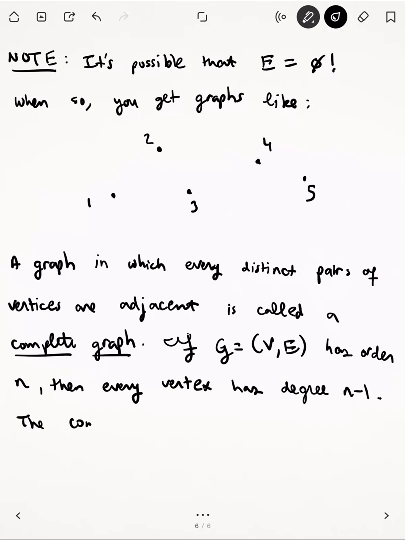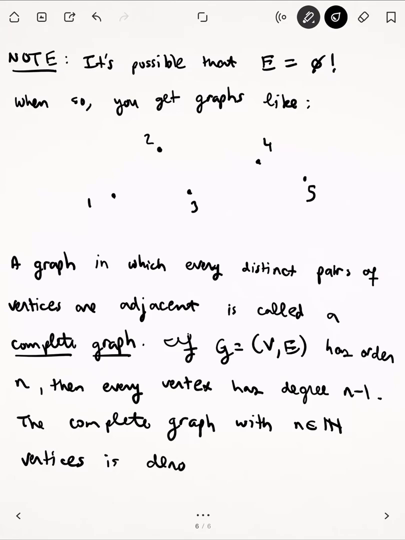The complete graph with n vertices is denoted K sub n. Okay?